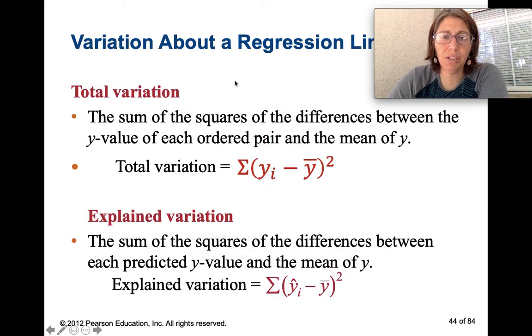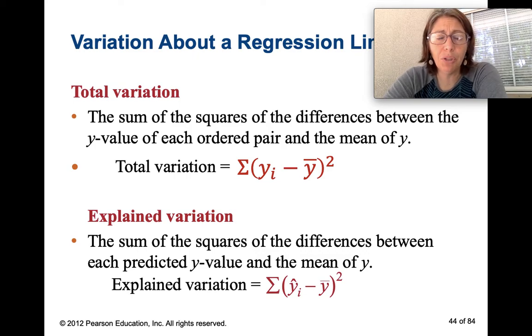So the total variation is the sum of all those squared. You'd have to find all of those values and square them. Now our calculator is going to help us do that. We're going to use our lists to help us do that, but you need to know what it is we're doing. The explained variation is the explained deviation squared, and then we add all of those up.